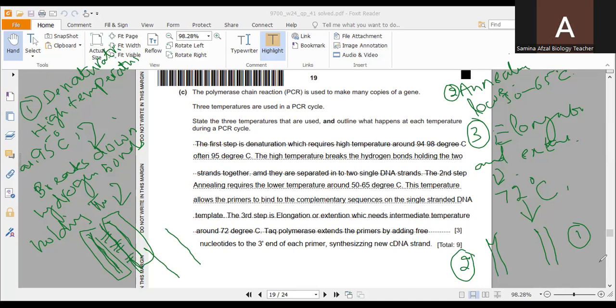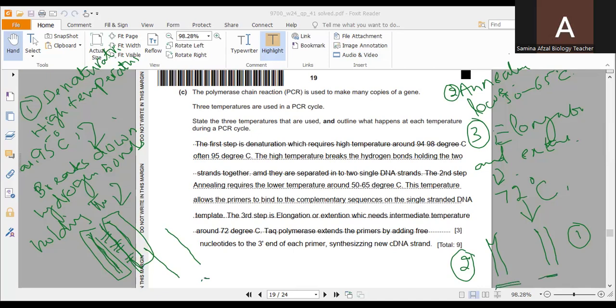PCR utilizes temperature changes to control the denaturation, annealing, and elongation steps, allowing for the specific and efficient amplification of the desired DNA sequence. Different temperatures are involved for these three different steps. As a result, one DNA strand is changed into two.